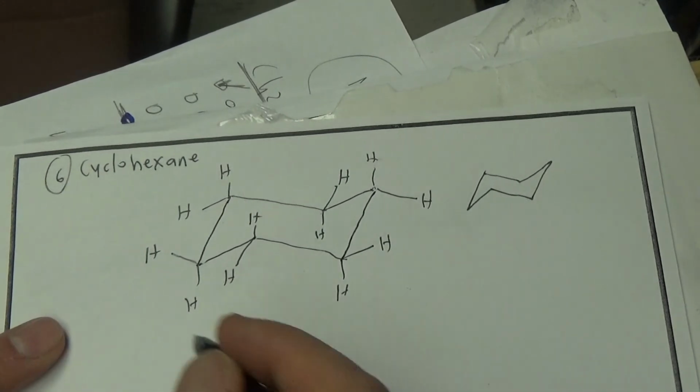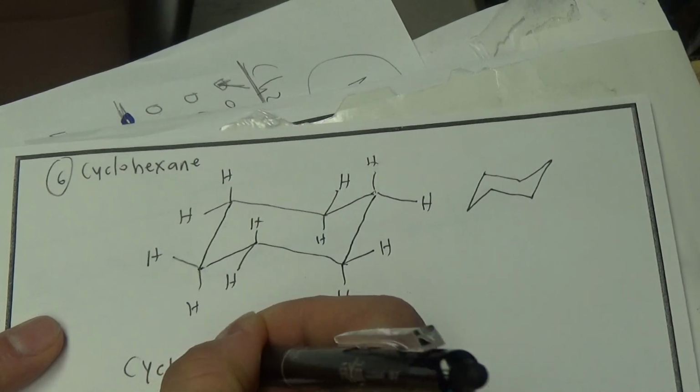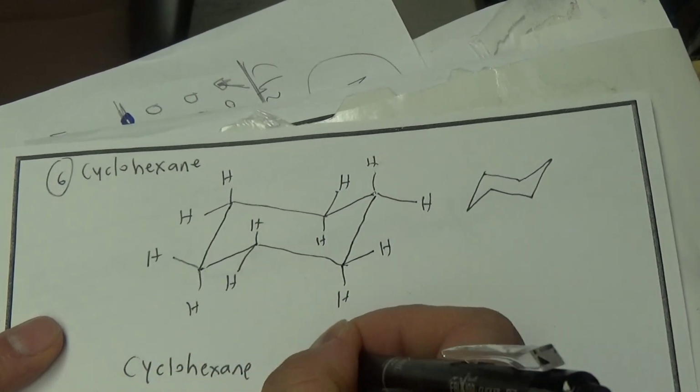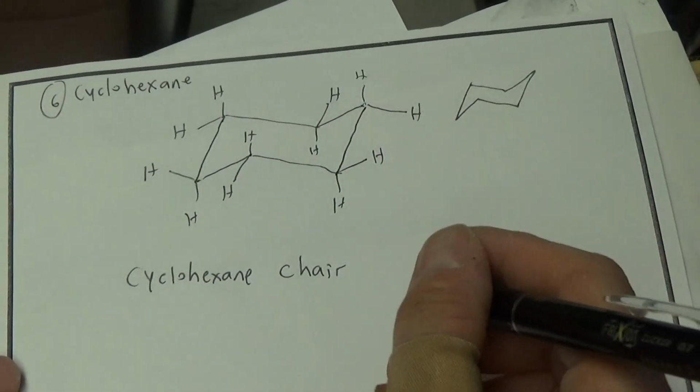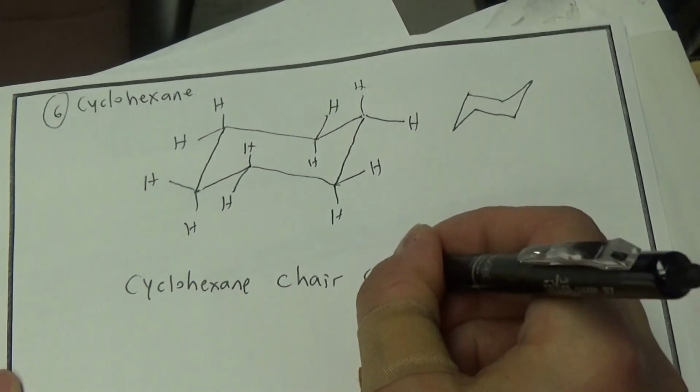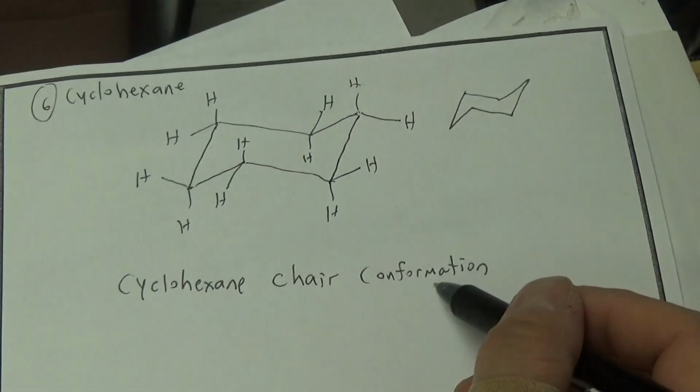Another thing about cyclohexane is the cyclohexane chair, it's called a chair. It doesn't look like a chair really, but that's what they call it. Chair conformation. What do we mean by conformation?